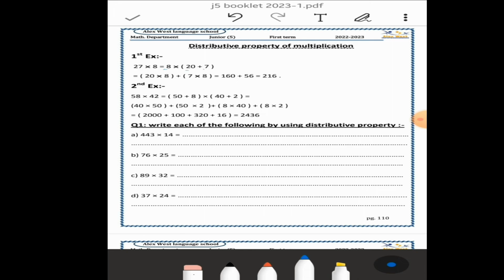So it will be 20 plus 7, and distribute: I will multiply 8 by 20 plus 8 times 7. So 20 times 8 plus 7 times 8. 20 times 8 equals 160, 7 times 8 equals 56. Add them, 160 plus 56, so the answer will be 216.